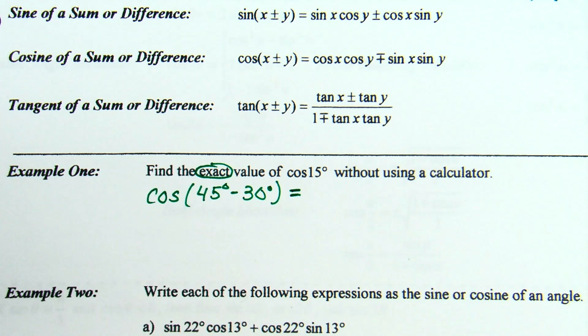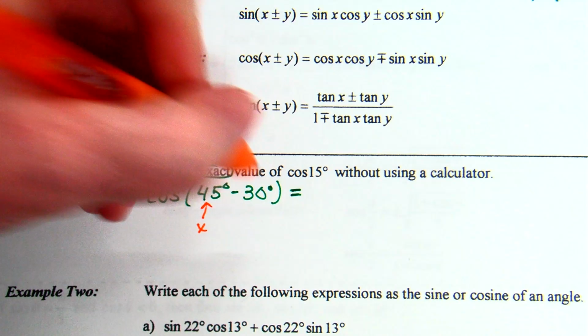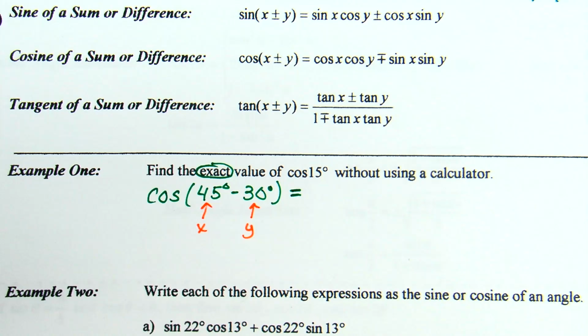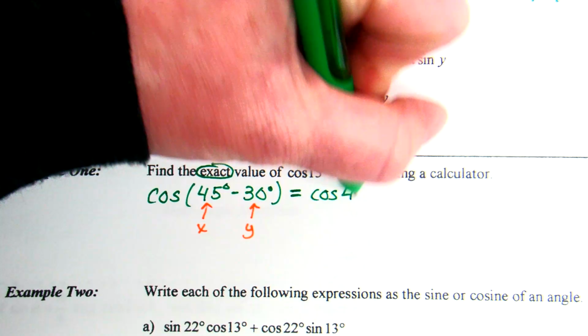Now our job is to use the identity up above. The idea is it's cosine of x plus or minus y. Our x value is going to be 45. Our y value is going to be 30. Every place I see an x in my identity, I'm going to put 45, and every place I see a y, I'm going to put 30.